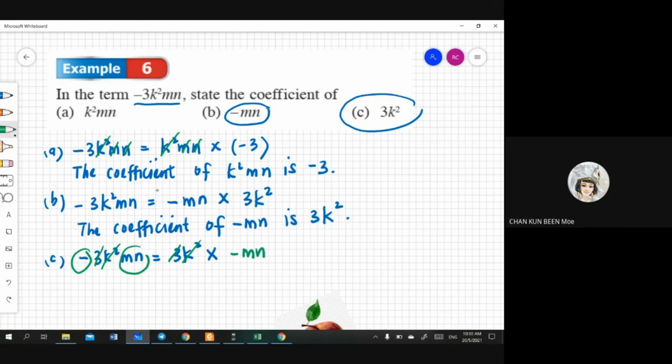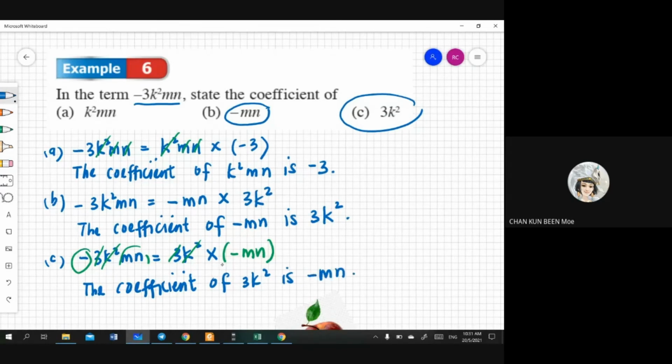Because there is an operation of multiplication, if we have a negative sign here, you just put it in a bracket, so that it clarifies there is a different operation. So the coefficient of 3k squared is negative mn.